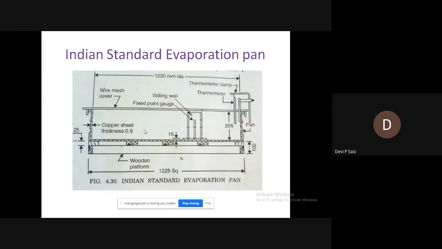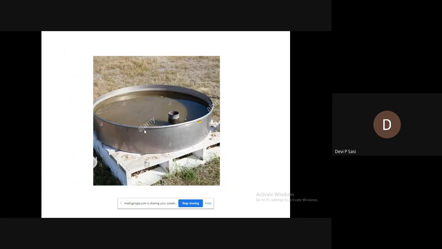Now we can come to the figure. You can see that the evaporation pan is placed over a wooden platform, and the wooden platform has a width of 1.2 meters and is about 10 centimeters in height.